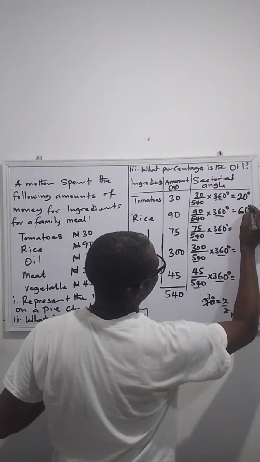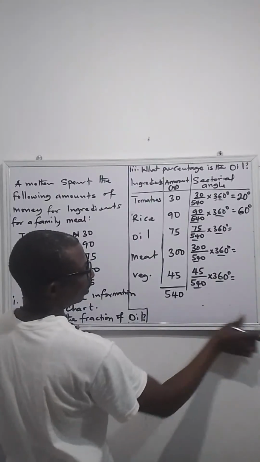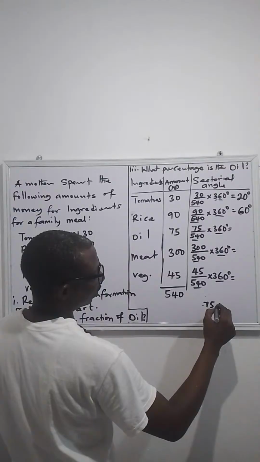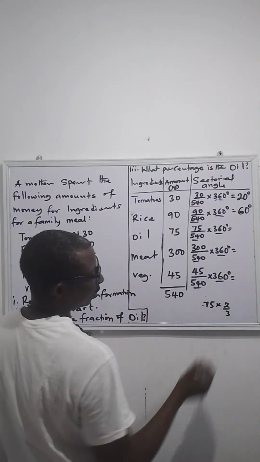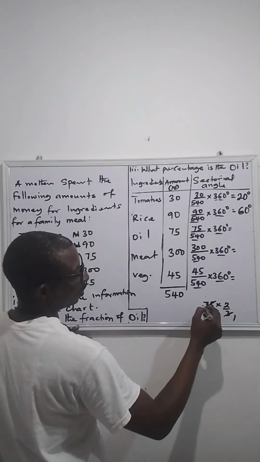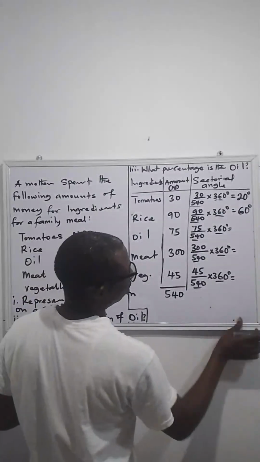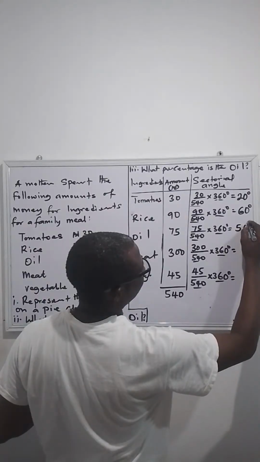The next one will be 75 times 2 over 3. 3 goes here 1, 3 goes here 25. 25 times 2, that gives you 50. So I have 50 degrees.